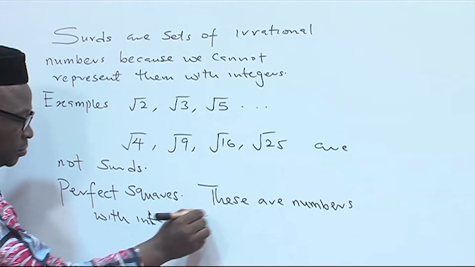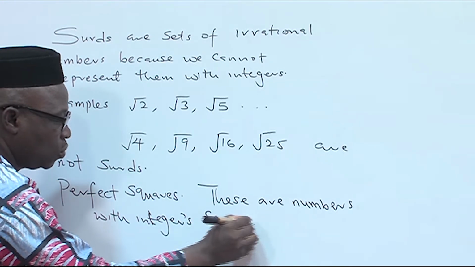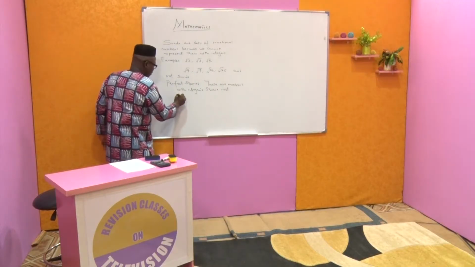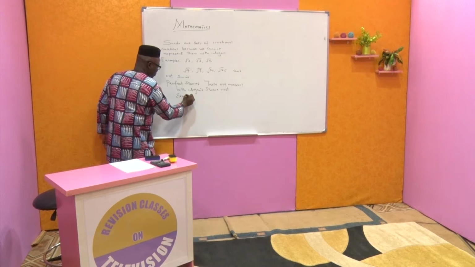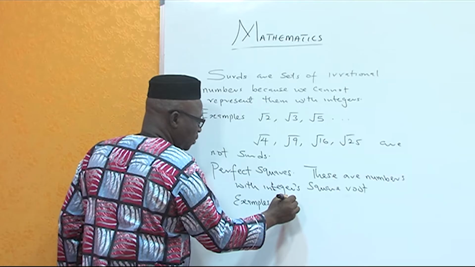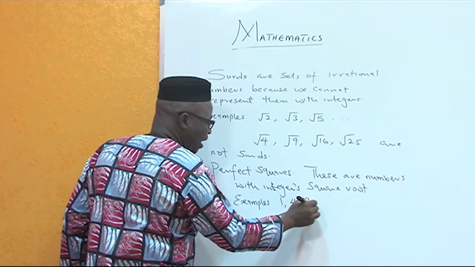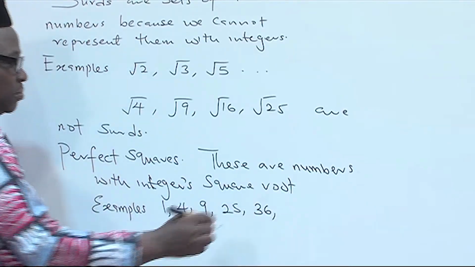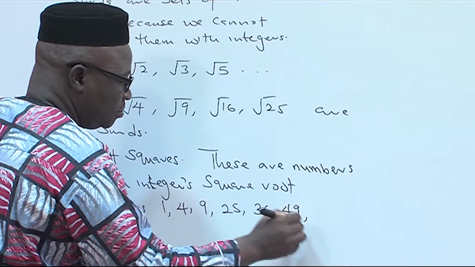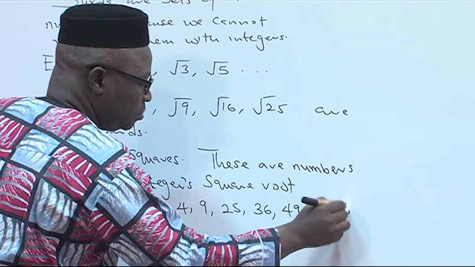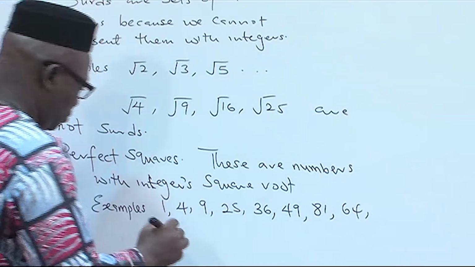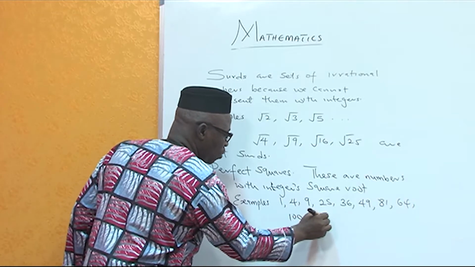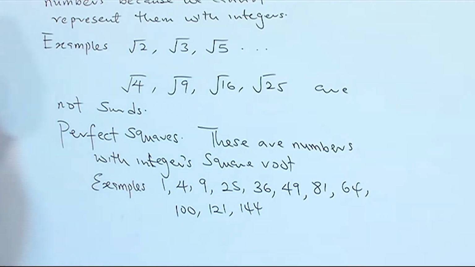Perfect squares are numbers with integer square roots. Examples: we have 1, 4, 9, 25, 36, 49, 81, 64, 100, 121, 144.